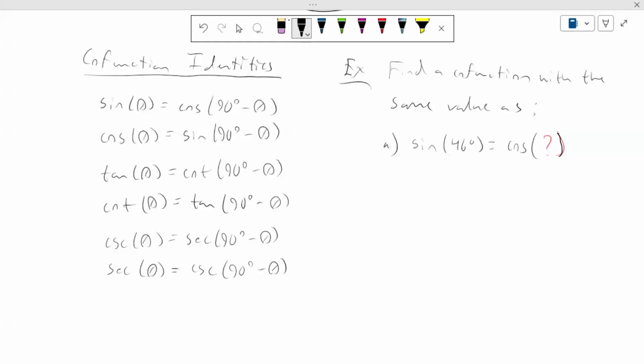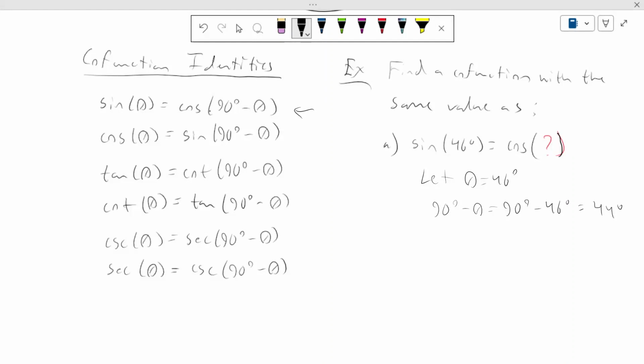Fair enough. All right. So we can use our cofunction identity here. Sine of theta, if we let theta be equal to 46 degrees, then for cosine, our input needs to be 90 degrees minus theta. So let's find out what 90 degrees minus theta is. That's 90 degrees minus 46 degrees, which will be equal to 44 degrees.